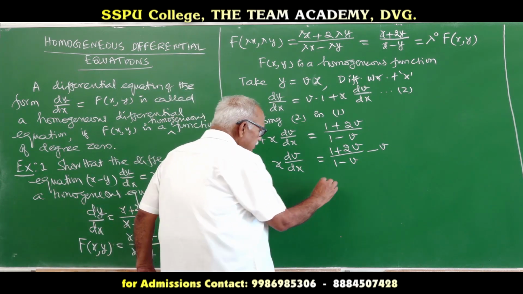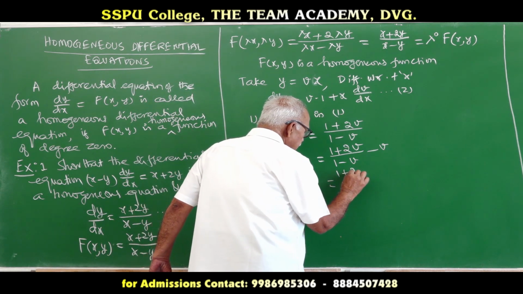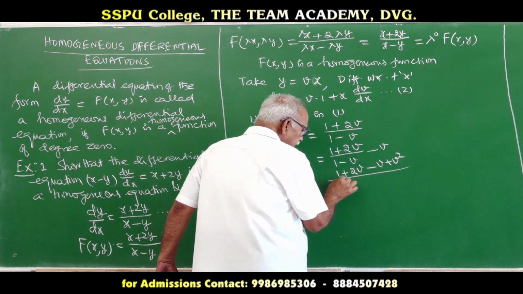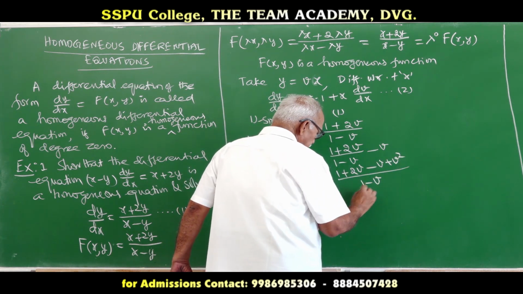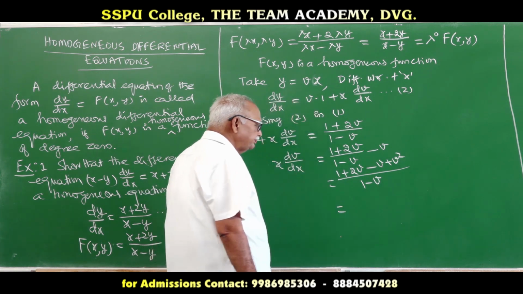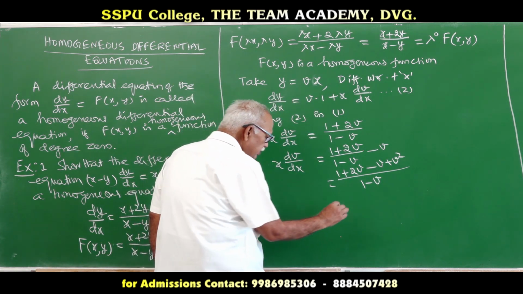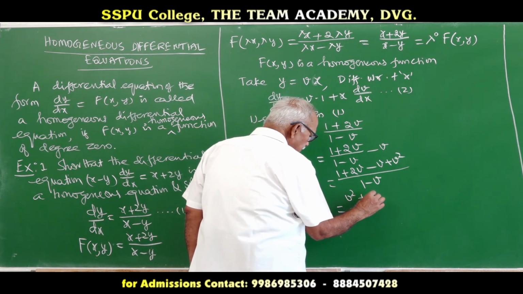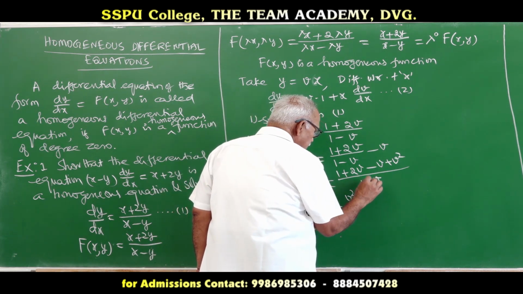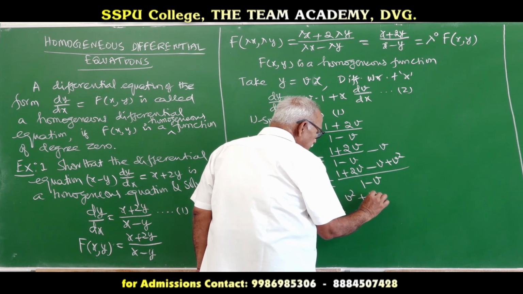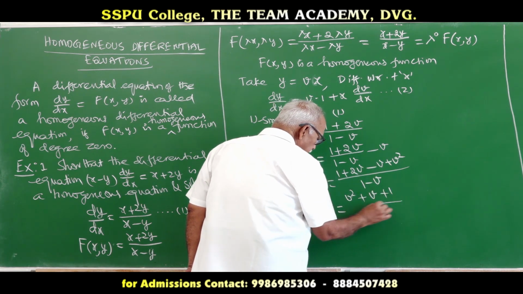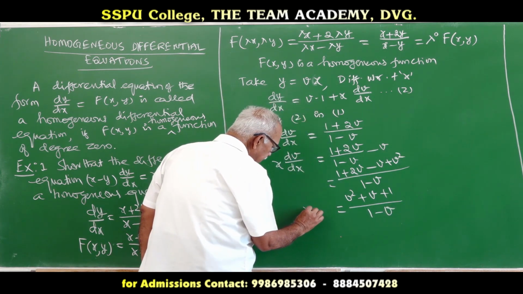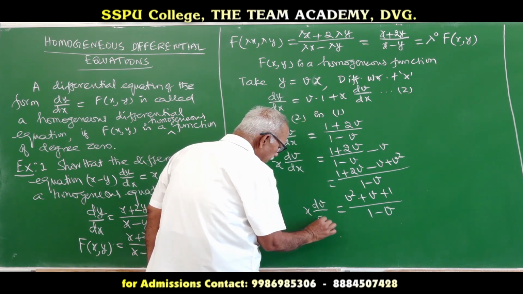Now, simplify this. 1 plus 2v minus v plus v square divided by 1 minus v. Now, this is v square plus v plus 1 divided by 1 minus v. This is x into dv by dx.